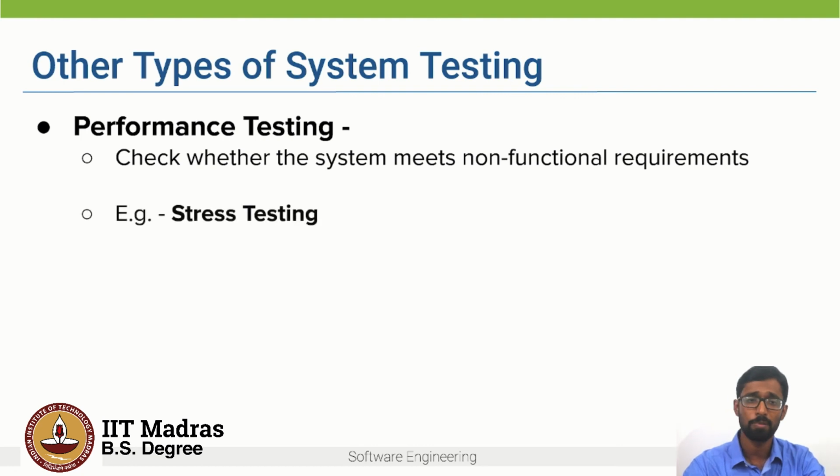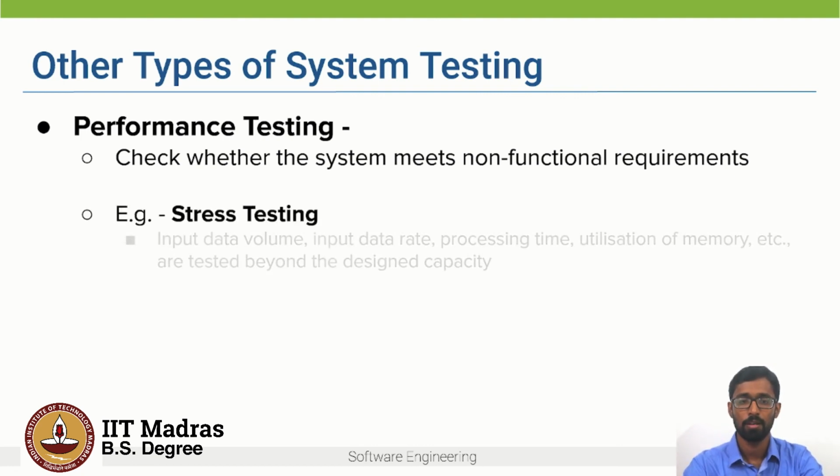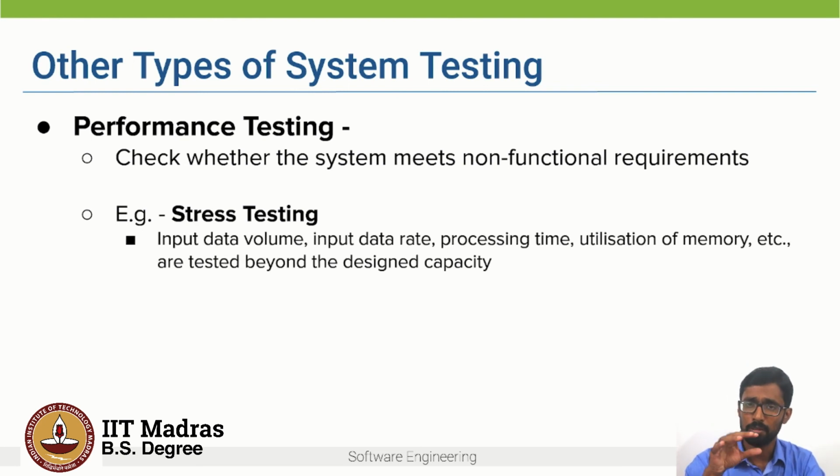For example, one type of performance testing is stress testing. The volume of input data, the processing time, the memory, all of these are tested beyond the design capacity. It is used to check for the reliability and robustness of a given software.